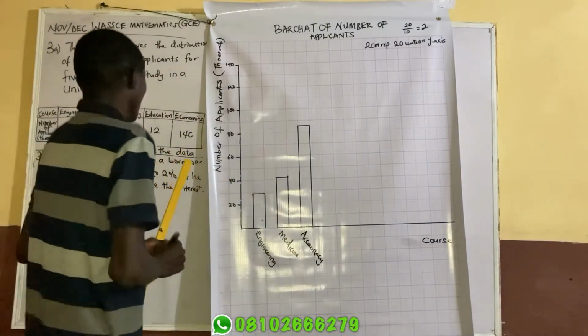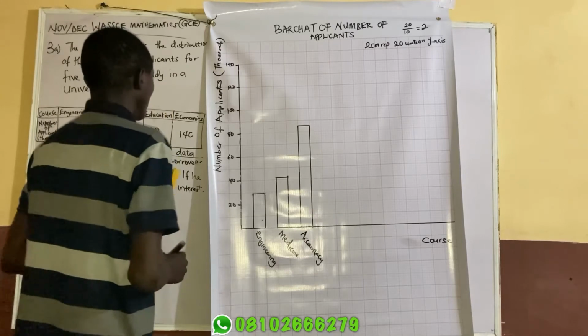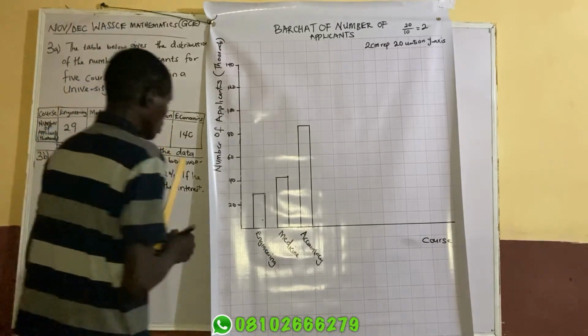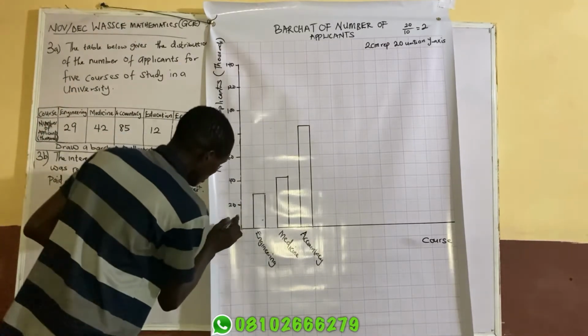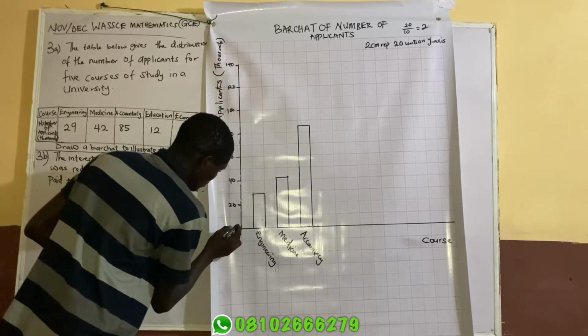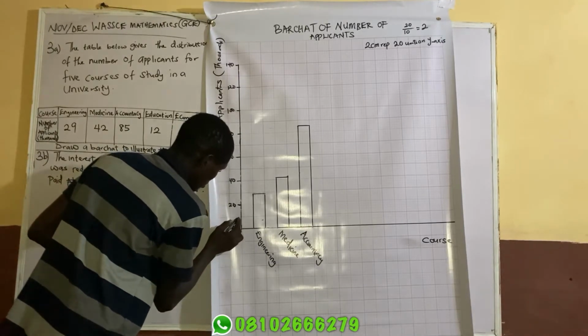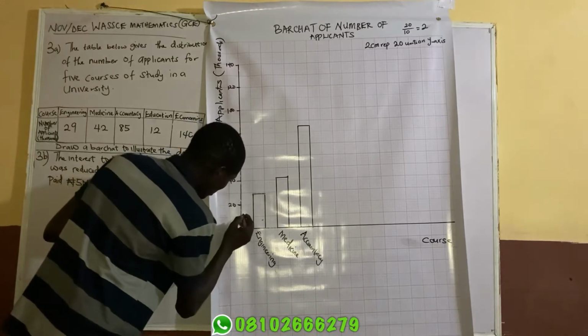Now we have 12 for education. This is where 10 is located, that is 2, 4, 6, 8, 10. So our 12 will be on this line.